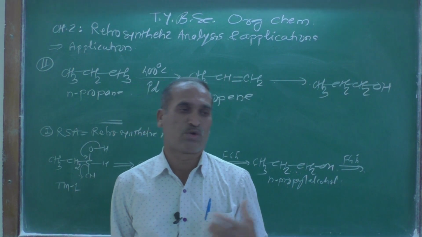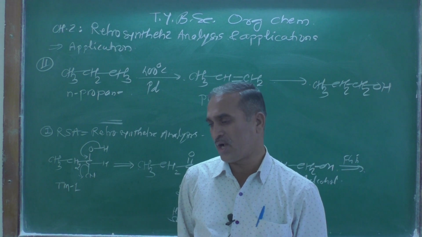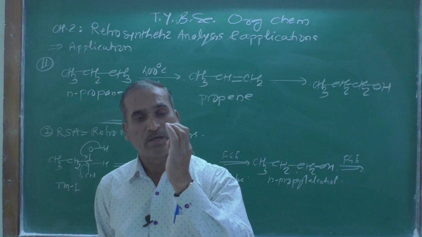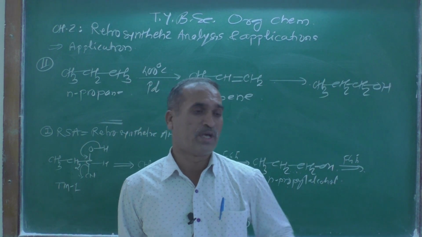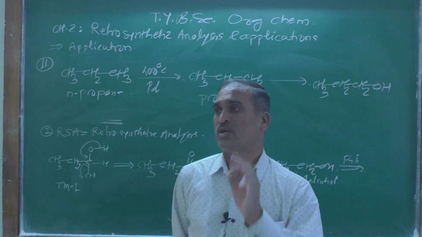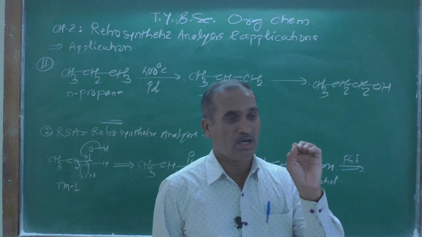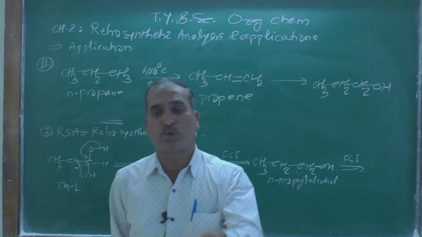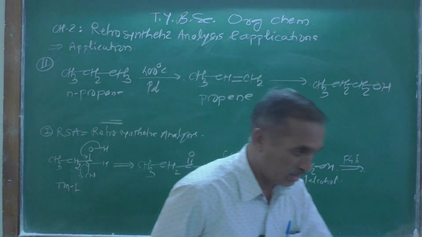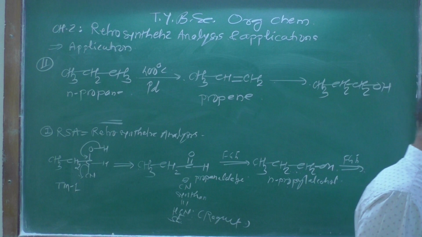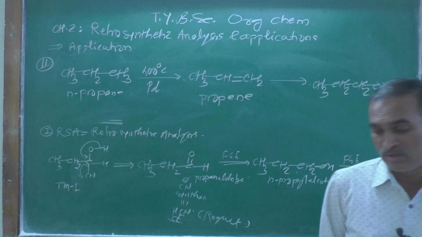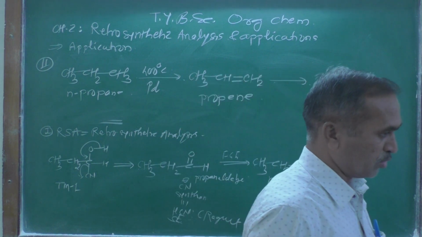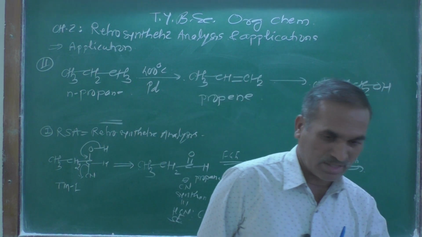If you do the hydroboration oxidation reaction, which is one of the famous reactions, you can synthesize the alcohol, and that alcohol is obtained according to the anti-Markovnikov rule. Remember, anti-Markovnikov's rule means what? You have learned the Markovnikov's rule and anti-Markovnikov's rule in your previous classes, right?